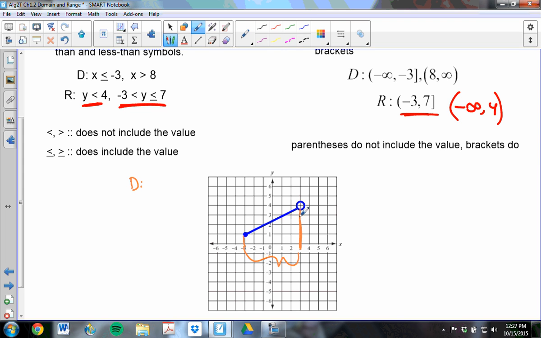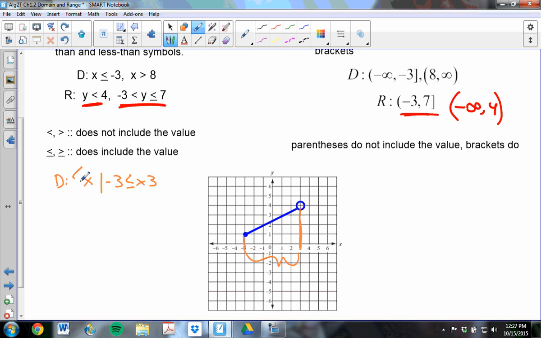So if I wanted to write this in set notation, the domain would be x is between negative 3 and 3.